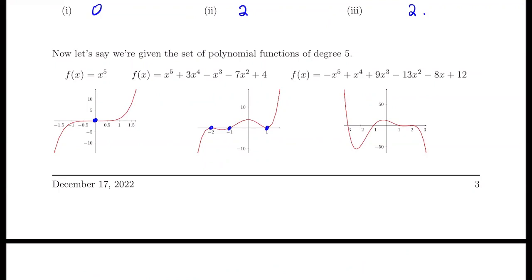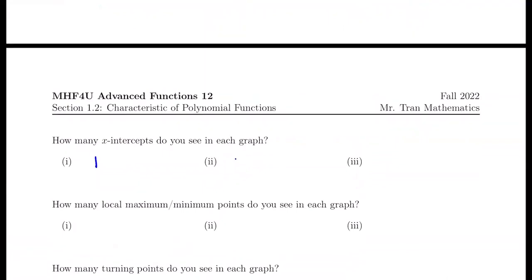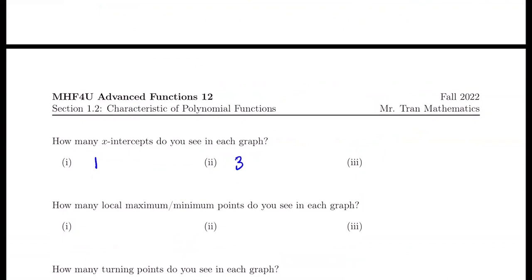And then in the third graph, we would see 1 x-intercept, 2 x-intercepts, 3, and 4. So let me write them down. We would have 1, 3, and then 4.